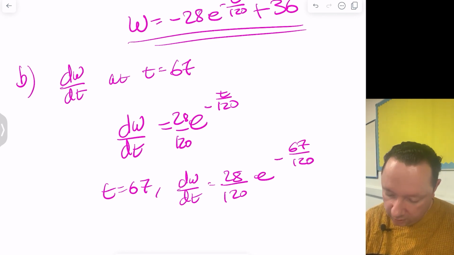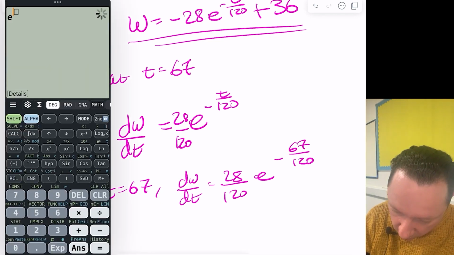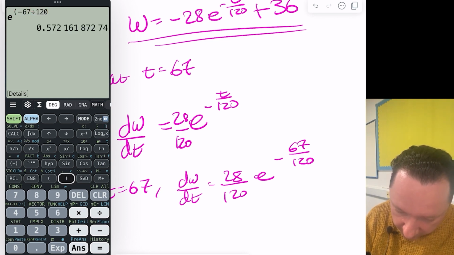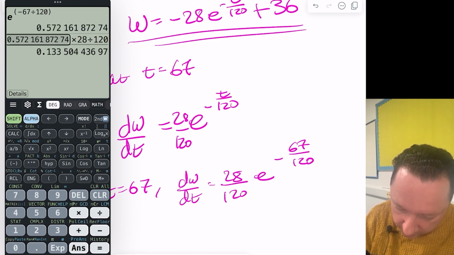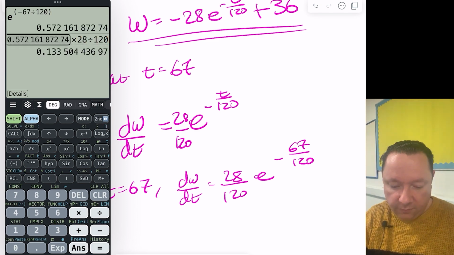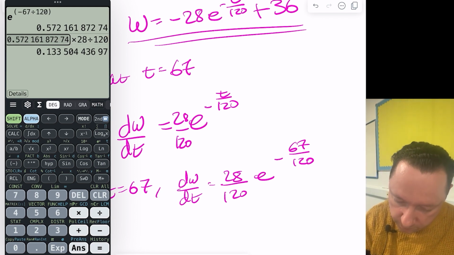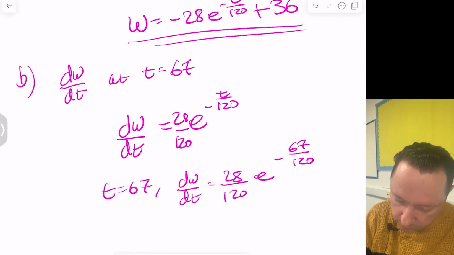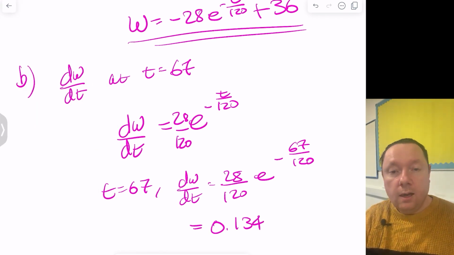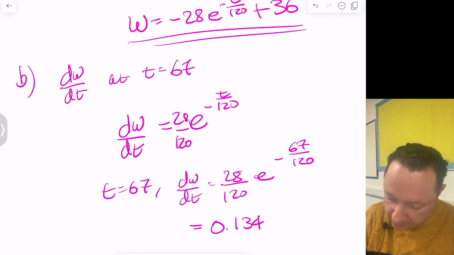Doing that in a calculator, e to the power of minus 67 over 120 times 28 over 120 is 0.134. And the rate would be kilograms per minute.